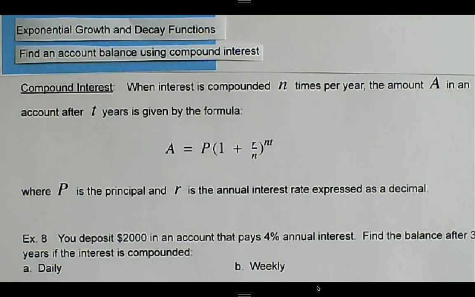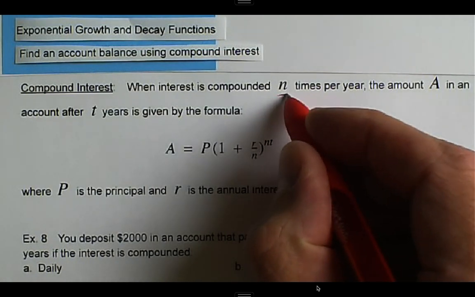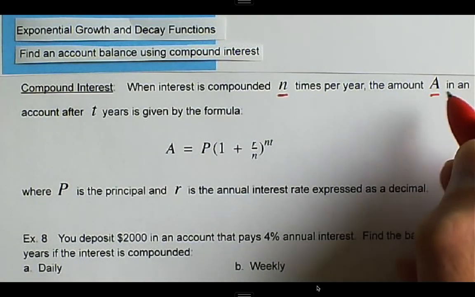The amount A in an account after t years is given by the formula below: A equals P times the quantity 1 plus R divided by N, all raised to the N times T power, where P is the principal or the starting amount, and R is the annual interest rate expressed as a decimal. So we have all of our variables here.